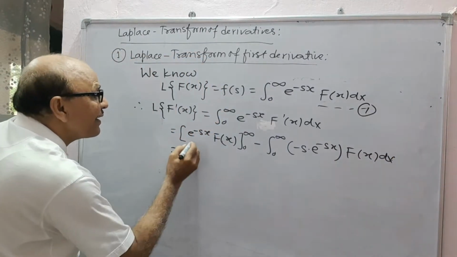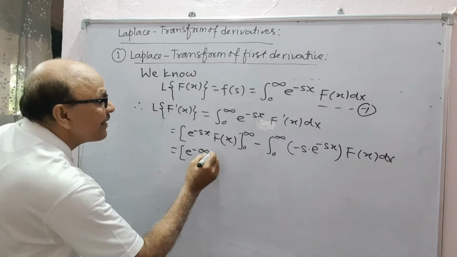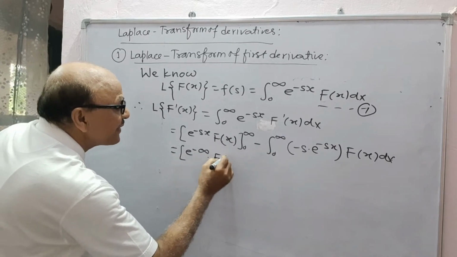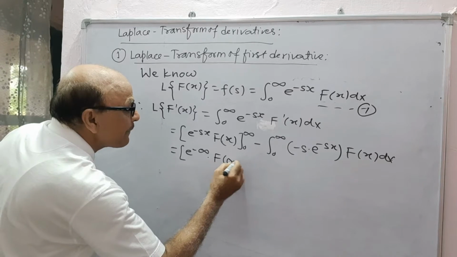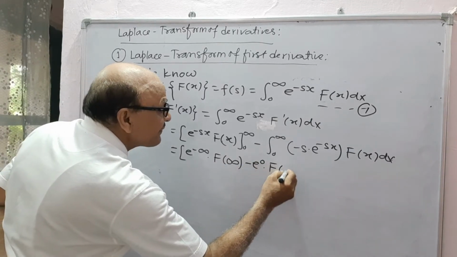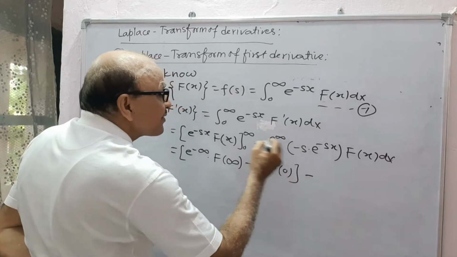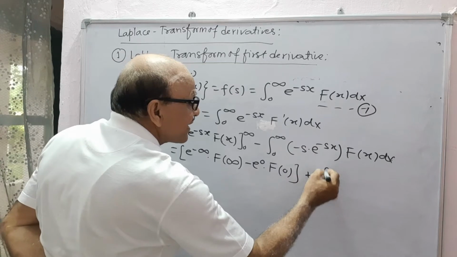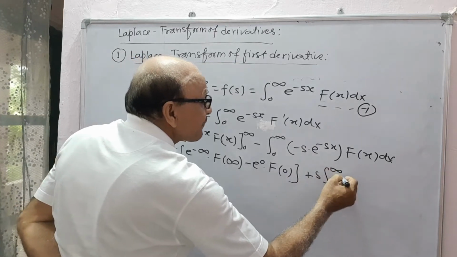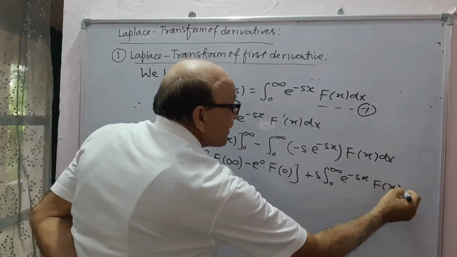Now this gives e to power minus infinity upper limit into f(infinity), minus e to power 0 into f(0), minus this minus minus plus s comes out of integral 0 to infinity e to power minus sx f(x) dx.